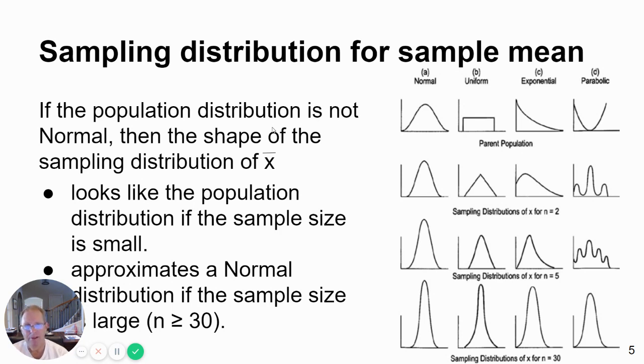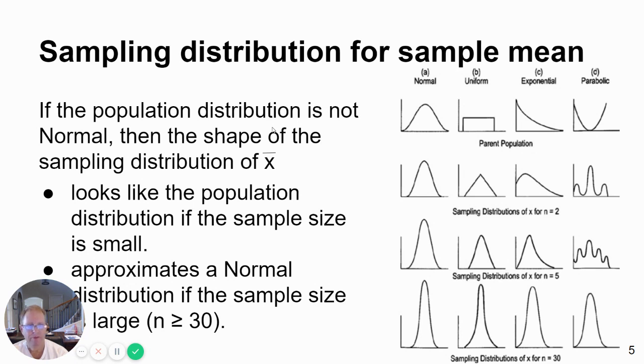So let's look at these graphs on the right. You notice that the left-hand column, where we start out with a normal parent population, all of my sampling distributions are normal. But now I want to look at the three distributions on the right. I have the uniform distribution, an exponential distribution, and a parabolic distribution.